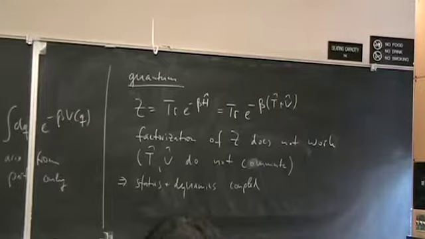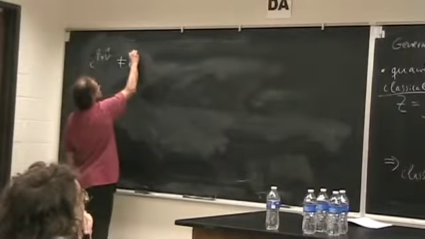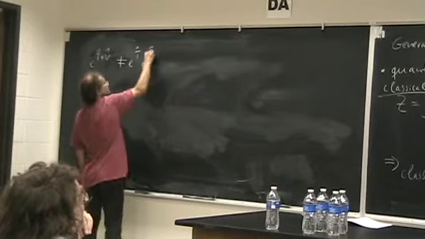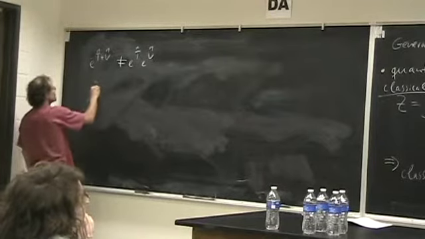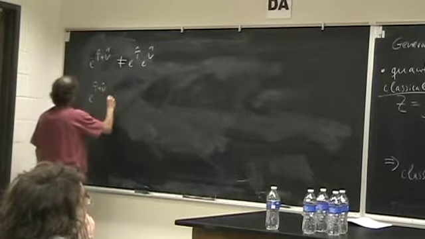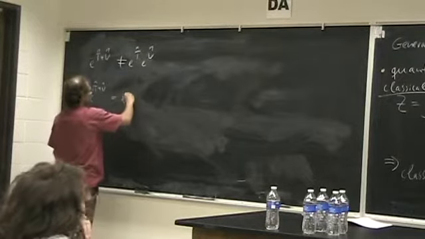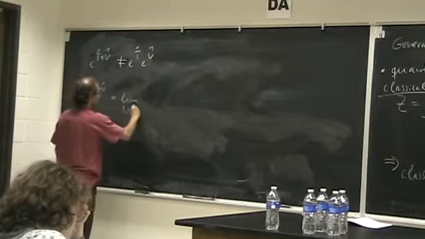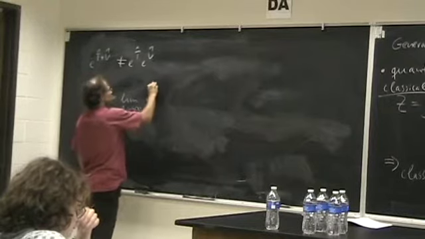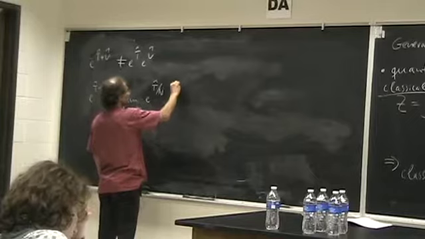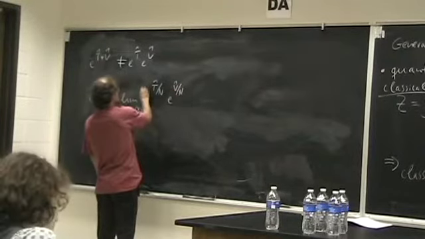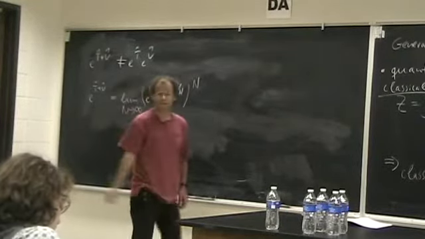While e to the T plus V is not the same as e to the T times e to the V, that's because they don't commute. e to the T plus V is the same as the limit n to infinity of (e to the T over n times e to the V over n) to the power of n.